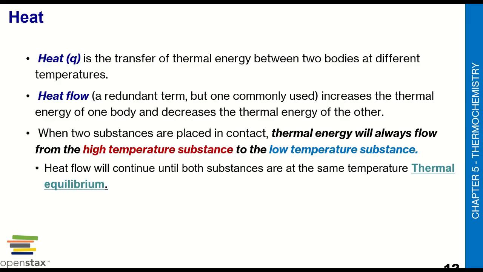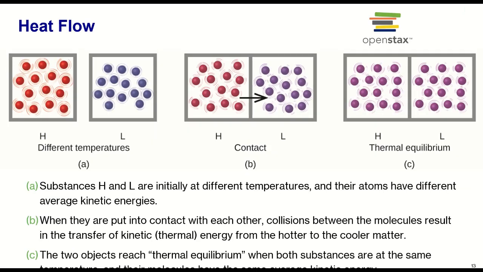When two substances are placed in contact, thermal energy will always flow from the high temperature substance to the low temperature substance. Heat flow will continue until both substances are at the same temperature. We call this thermal equilibrium, like in this example over here. So we have hot and we have cold. The transfer will be from the hot to the cold. That happens spontaneously, okay?